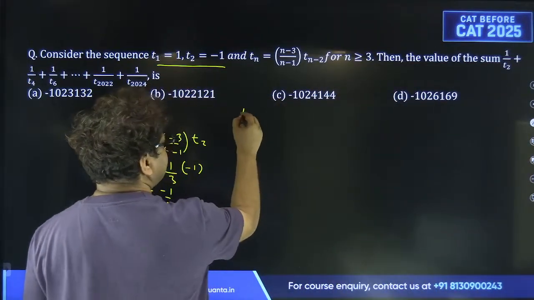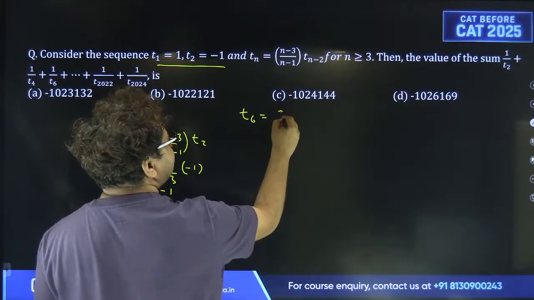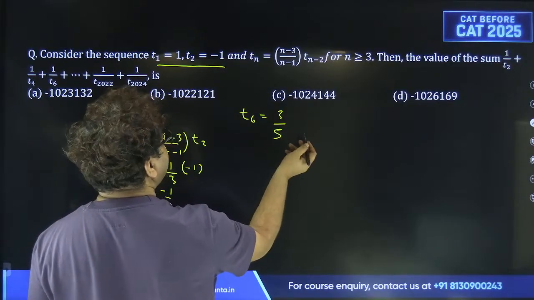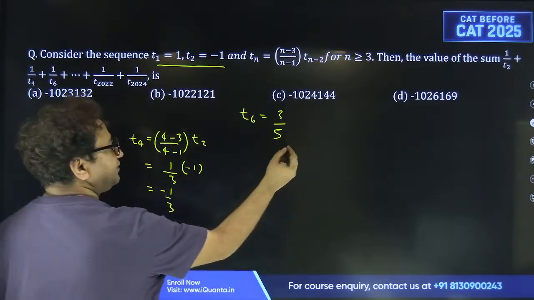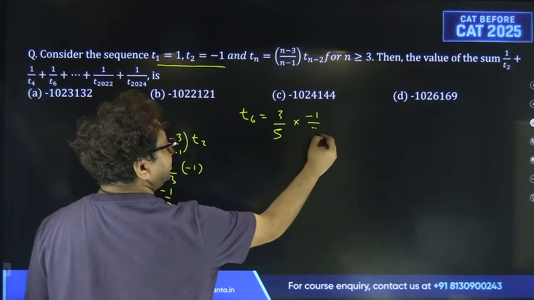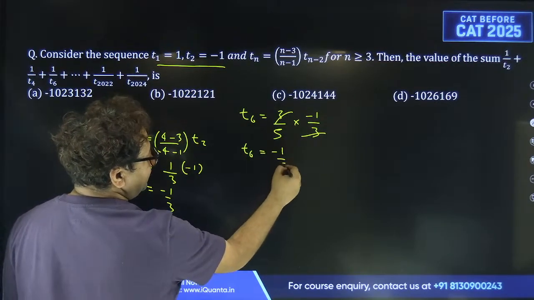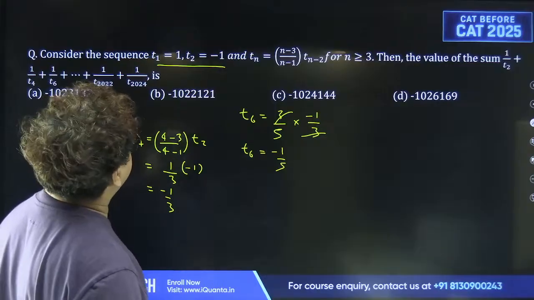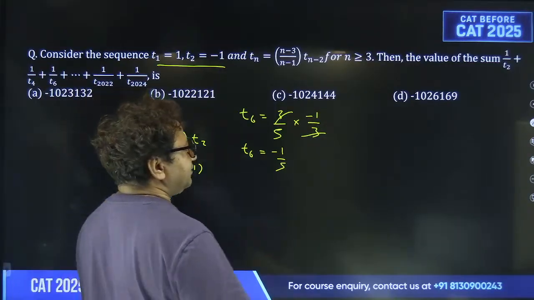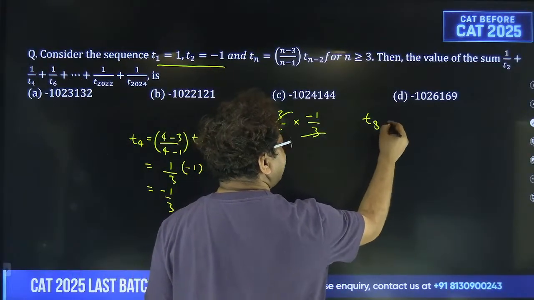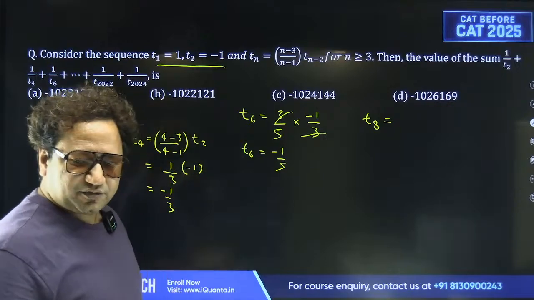T6, 6 minus 3 is 3. 3 upon 5 into T4. 3 upon 5 into minus 1 by 3 is what we have. That got cancelled. So T6 is minus 1 by 5. I can see a pattern over here. Did you see the pattern? The moment I calculate T8, the pattern will be fixed.